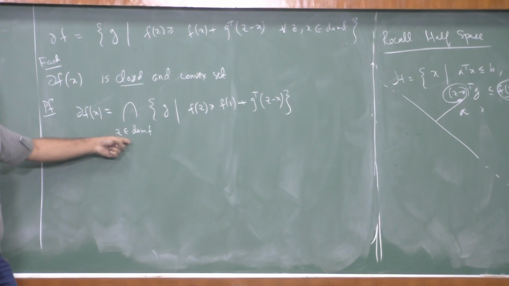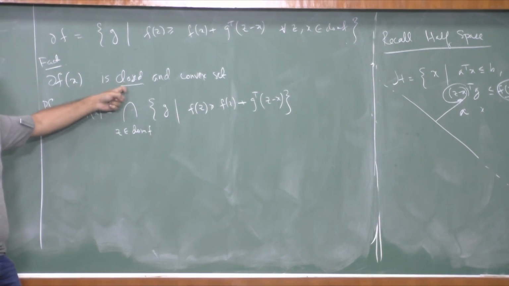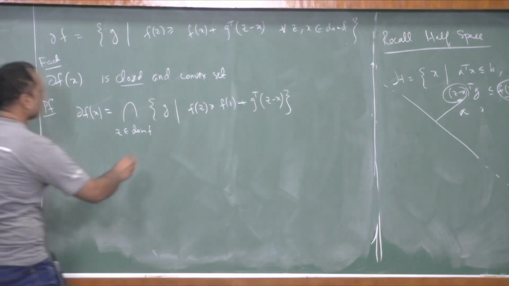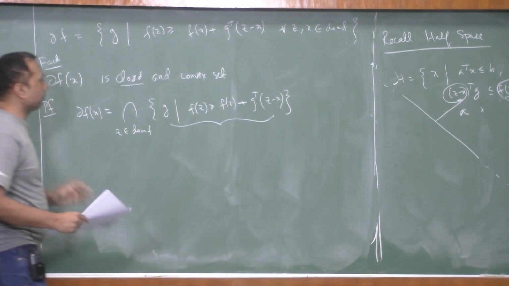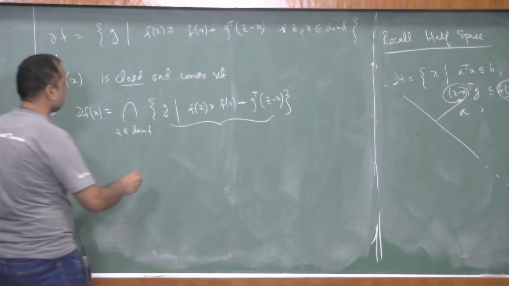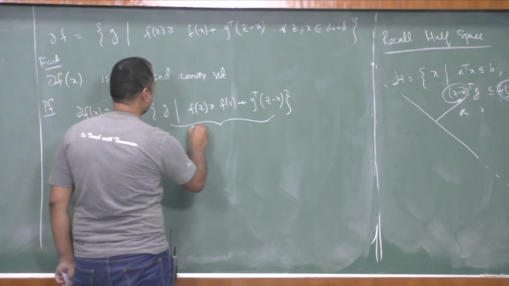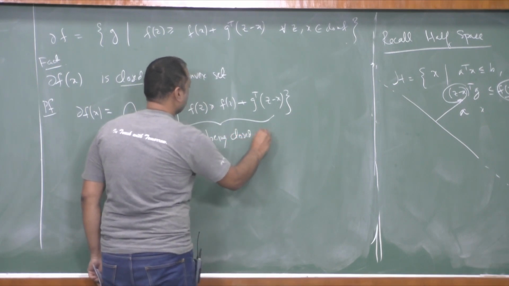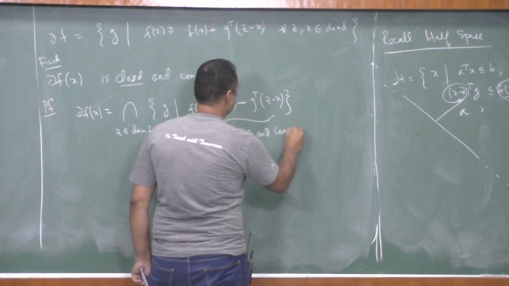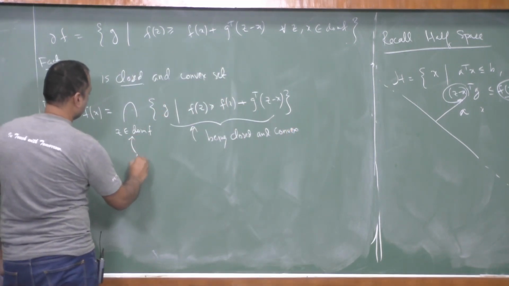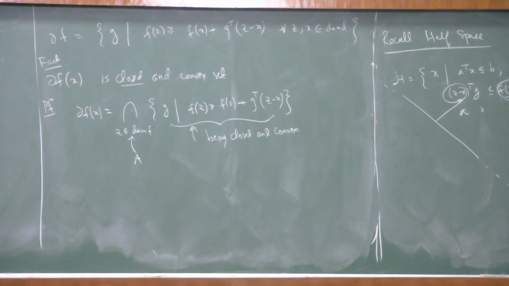It could be an arbitrary intersection, but an arbitrary intersection of closed sets is closed, and an arbitrary intersection of convex sets is also convex. So these being convex and closed, okay, as I said, you may not know about closed sets, but you can ignore that. So this being closed and convex, the intersection is arbitrary because z could be infinitely many, right?